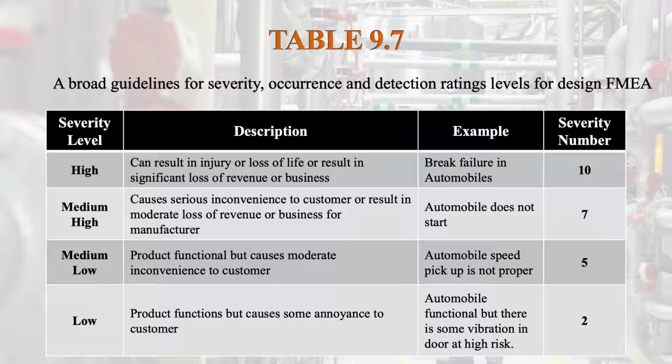Suppose broad guidelines for severity, occurrence and detection rating levels for design FMEA are as shown in table 9.7. It is also given in the unit. You can read it, you can understand very well. For example, here you can see that if the severity number is 10, then the severity level will be high.